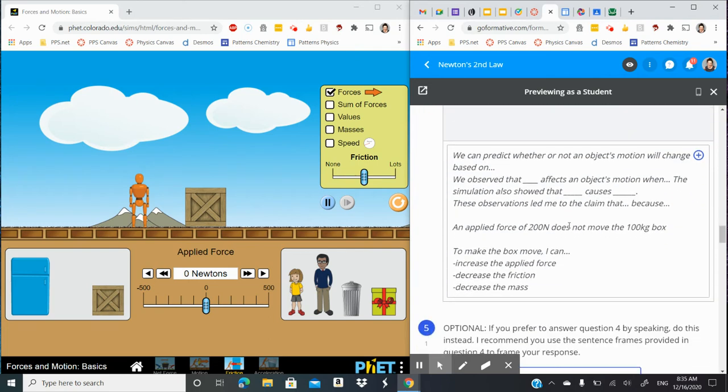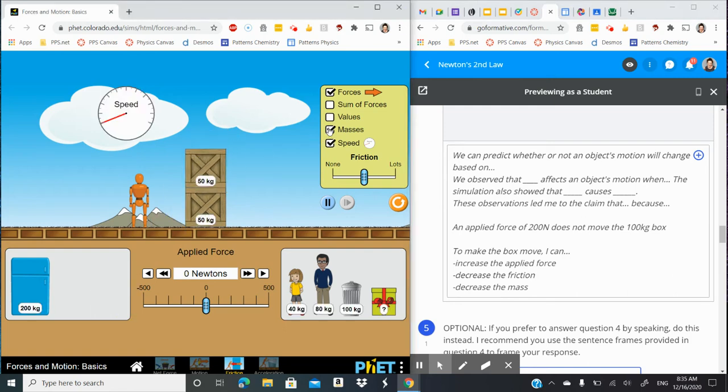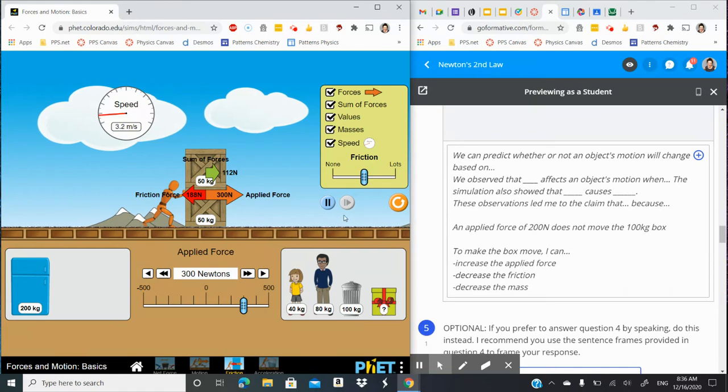So I showed that if I have a 100 kilogram box, okay, and I apply 200 newtons of force, this box doesn't move. So we spent a little bit of time brainstorming ways that we could make the box move. We could increase the applied force to get it to move.